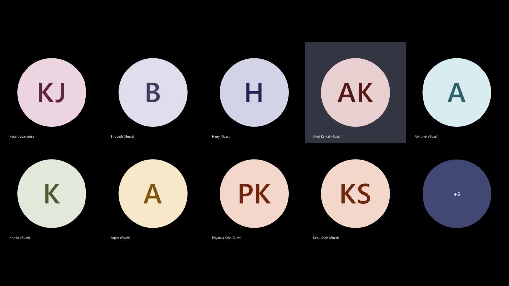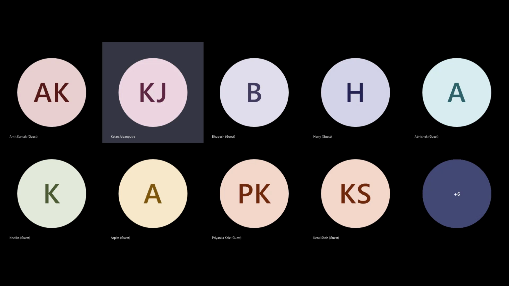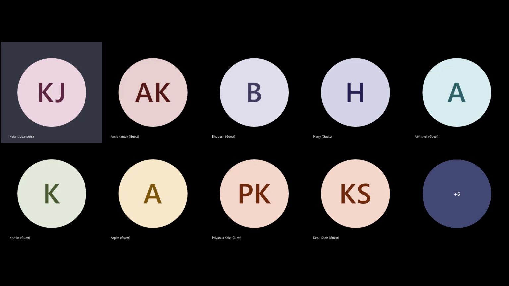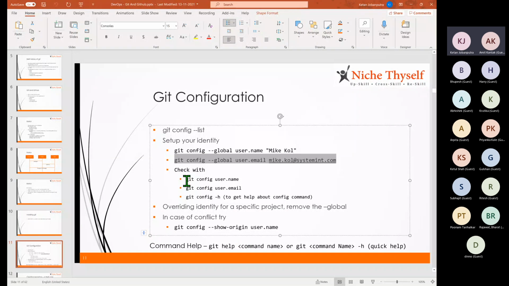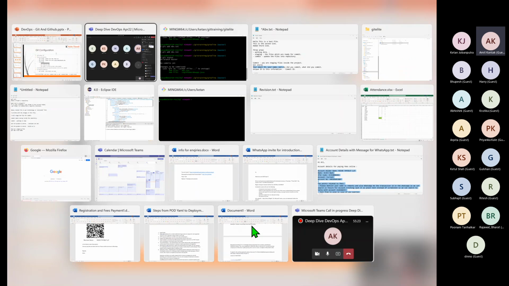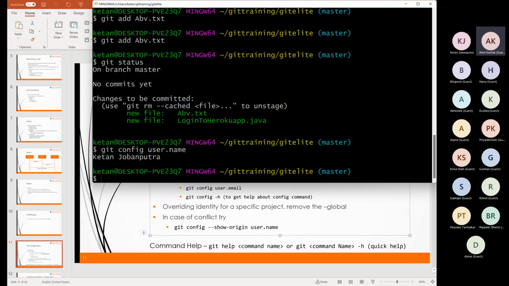Then how can we check the name we have given? Can we retrieve the name? Yes. Let me share my screen and explain. This is the command to check whether your name is set properly or not: git config user.name and git config user.email.